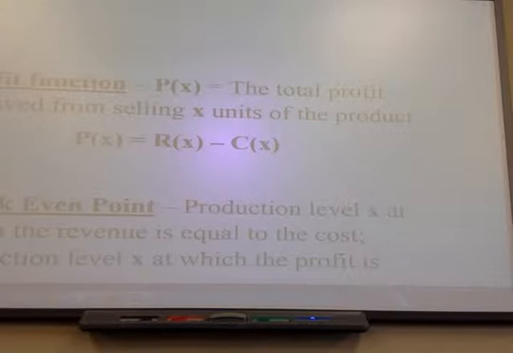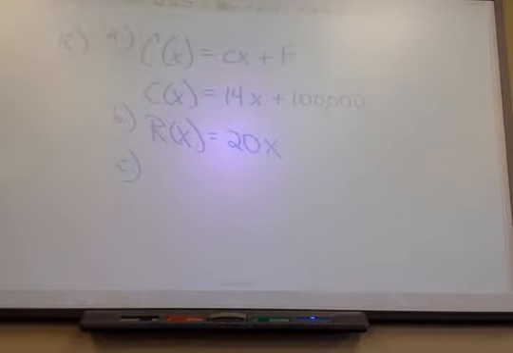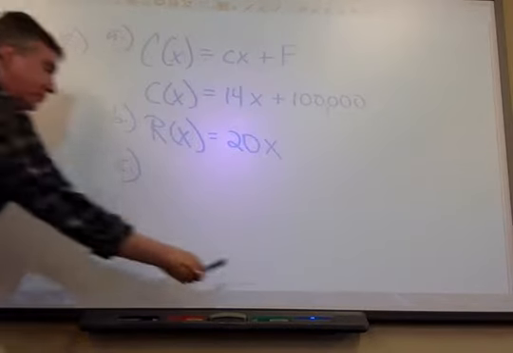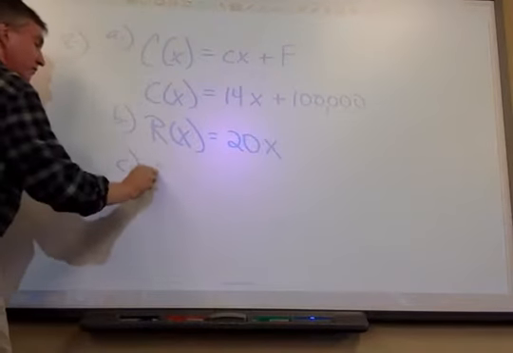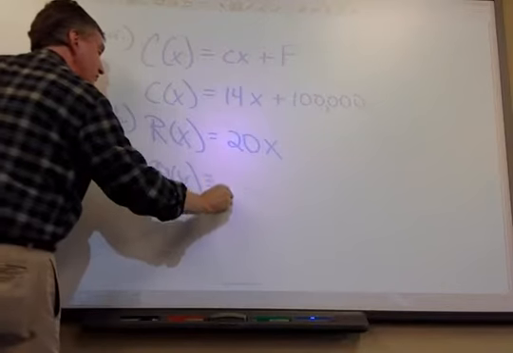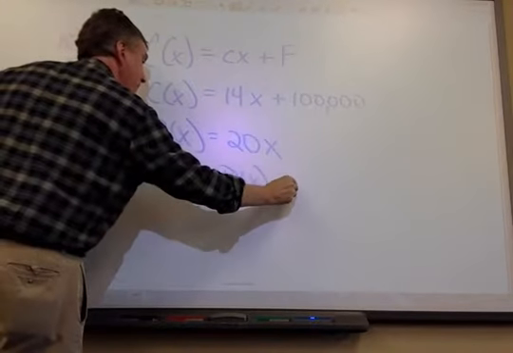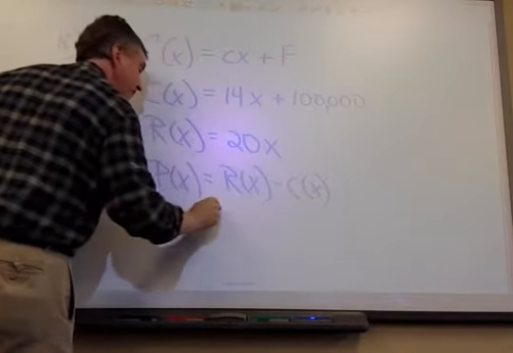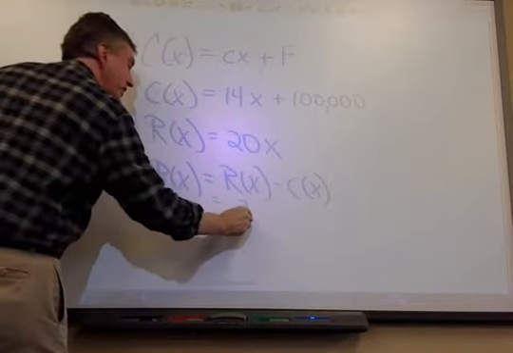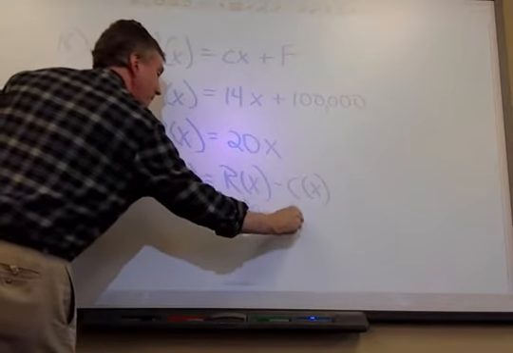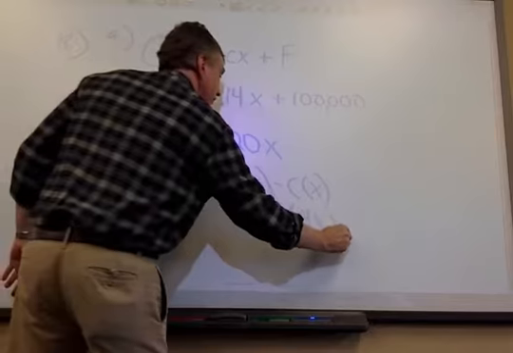So for number 18, to form the profit function, P of X would equal R of X minus C of X. So that's going to be 20x minus (14x plus 100,000).